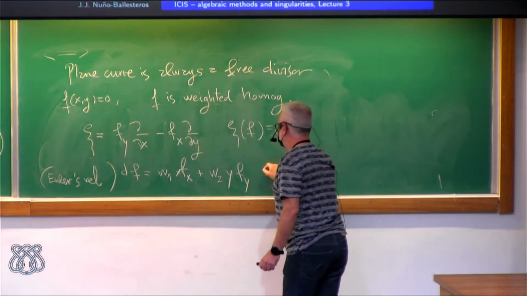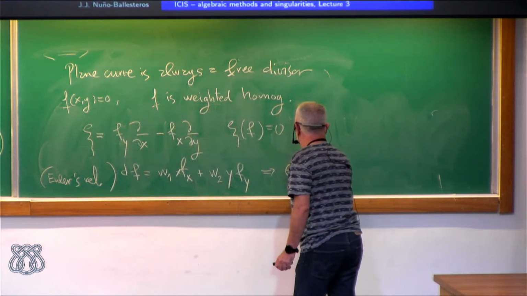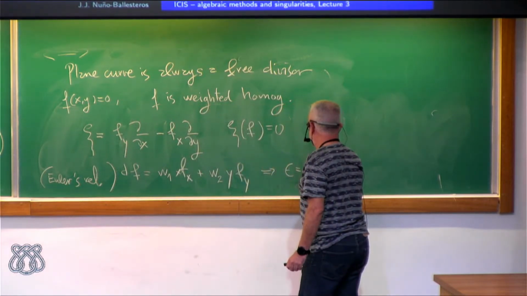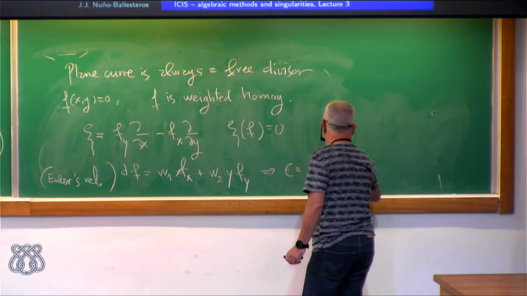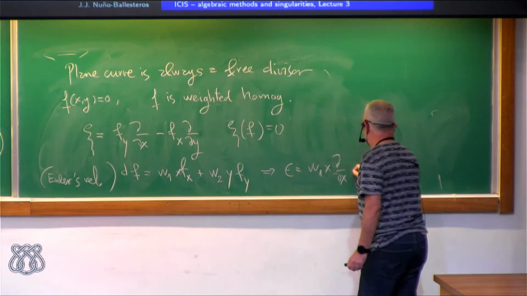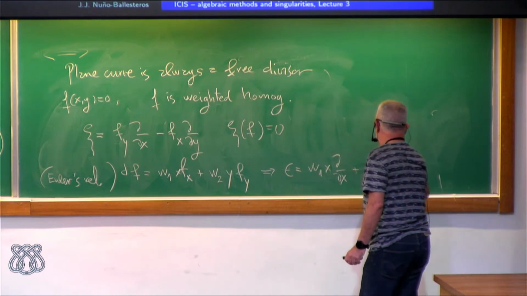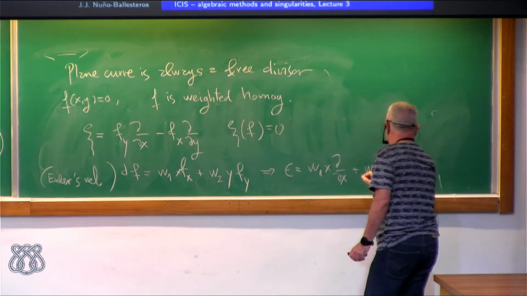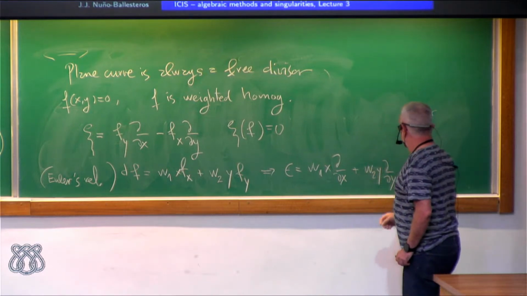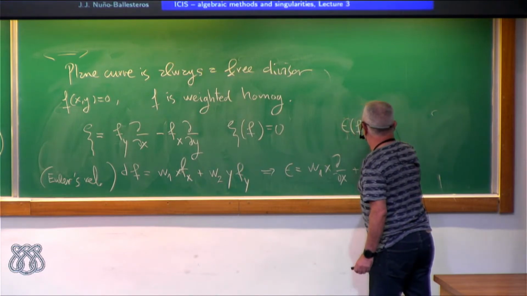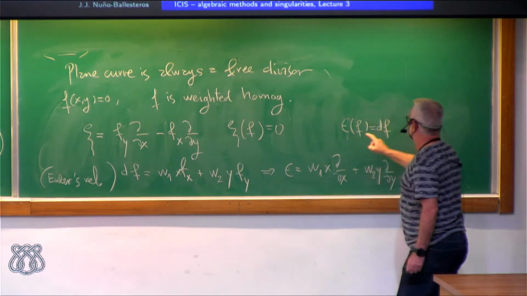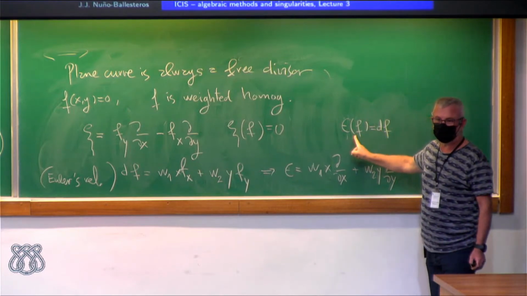Then this shows that this vector field, w1 x partial with respect to x plus w2 y partial with respect to y, satisfies that epsilon of f equals degree times f. So this is also logarithmic.